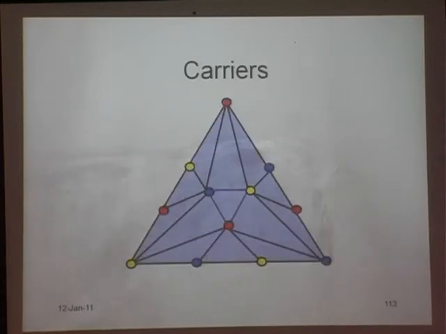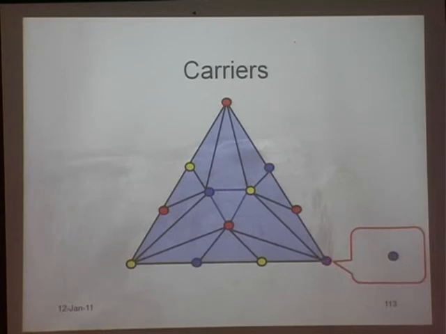So this slide probably belongs earlier. Let me remind you what a carrier is. So here we have a big triangle and then a subdivision. This is the standard chromatic subdivision, but it can be any subdivision. And the carrier of a vertex is the smallest face of the big triangle that contains that vertex.